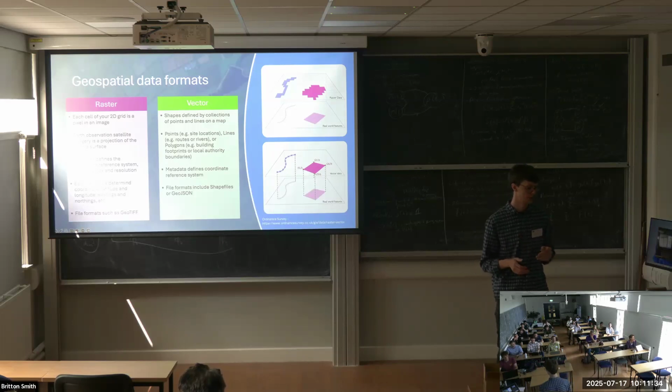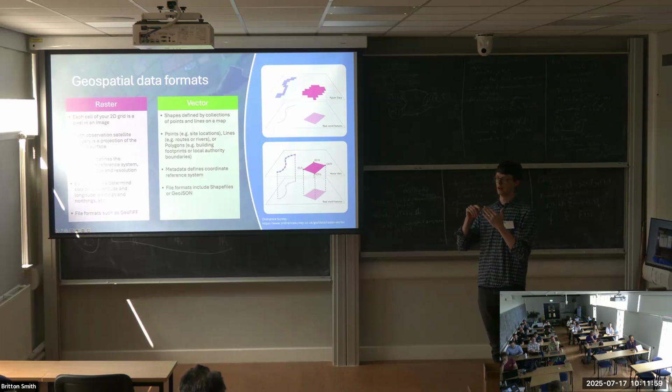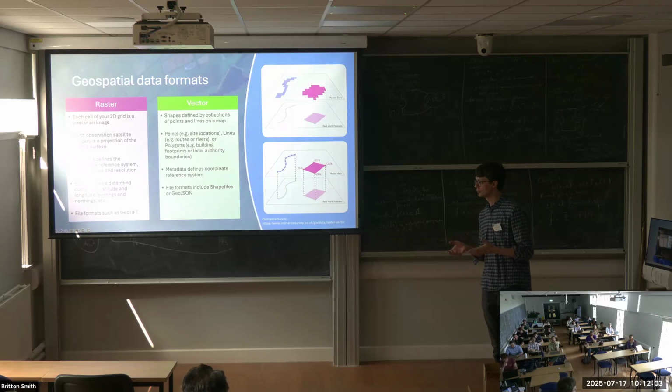So with Earth observation satellites, you've got an image of the Earth's surface, and that will have a projection, basically. You've gone from the 3D shape of the Earth's surface, and then you're looking at a photograph of it, so it's just a projection of that. In the metadata of your geospatial raster format, you've got the transformation and the coordinate reference system, which tells you, along with the bounds of the image, exactly where on the Earth you're looking at.